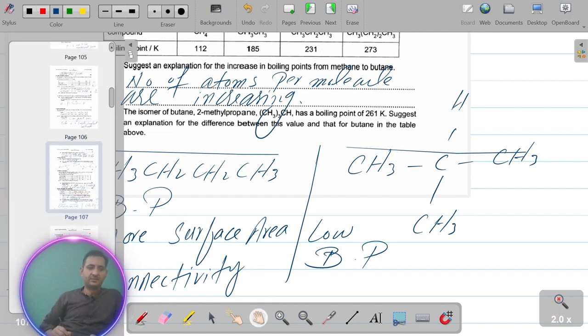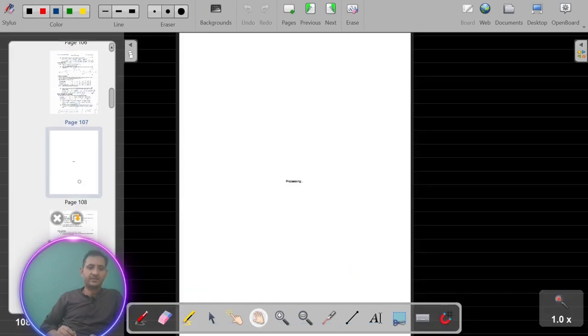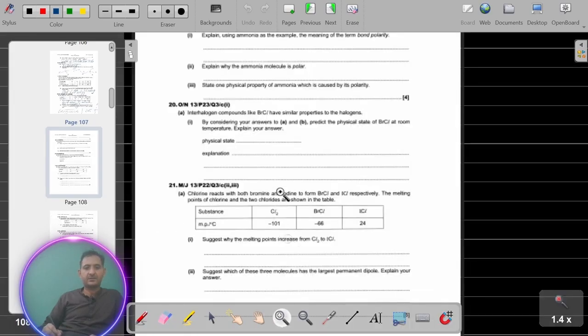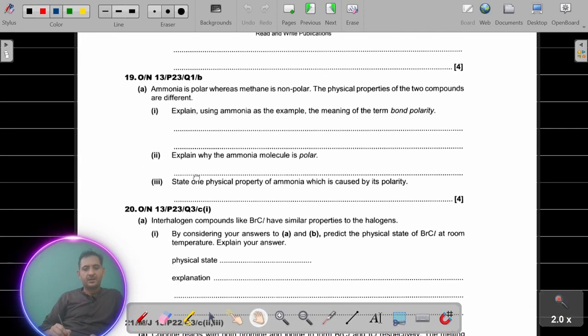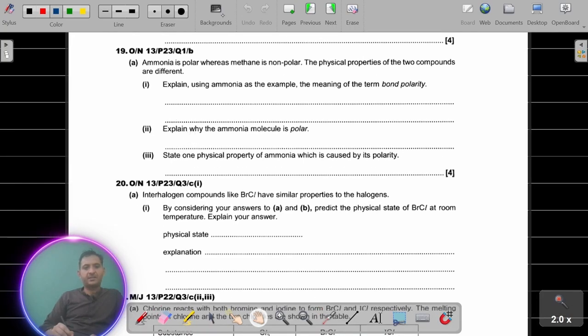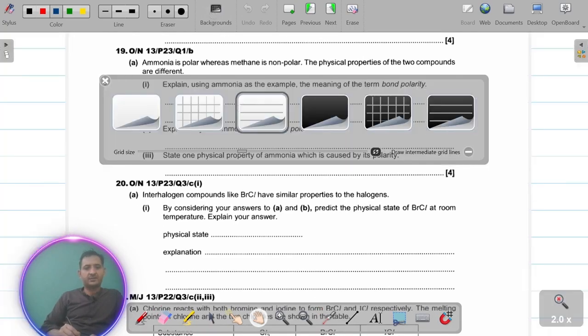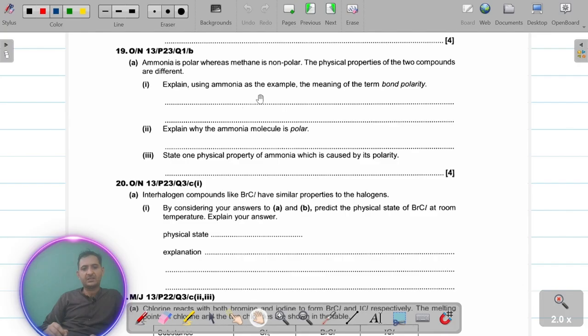Okay, so next question, next page number 107, and the last is 108. Here, ammonia is polar whereas methane is non-polar. Explain using ammonia as an example the meaning of the term bond polarity. You know, there is an electronegativity difference, so one of the elements contains a partial positive and the other a partial negative.